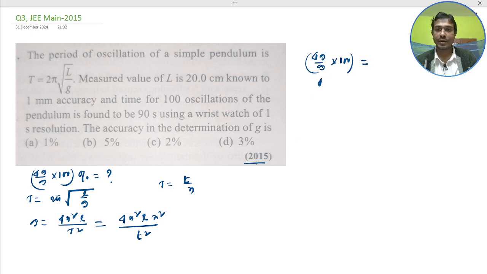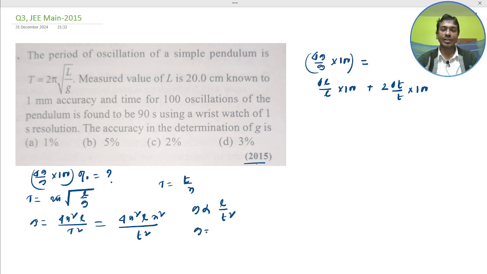That would be del L by L into 100 plus 2 del t divided by t into 100, because here g is proportional to L by T square. So g is equal to K L divided by T square.